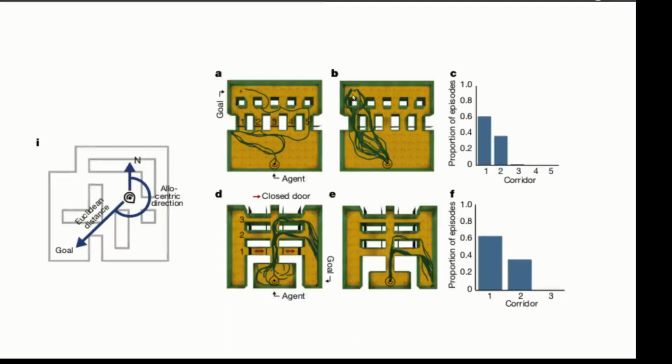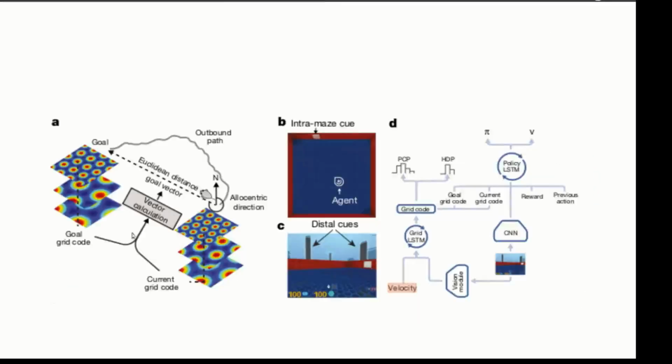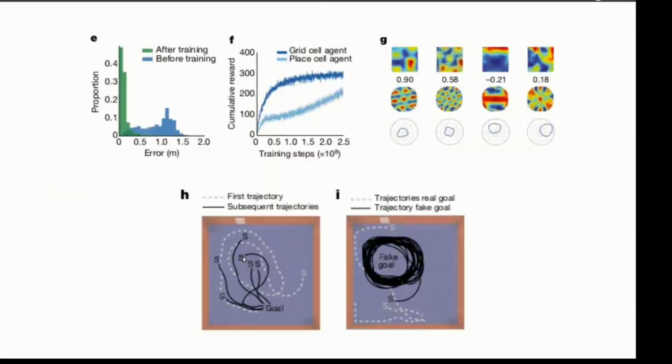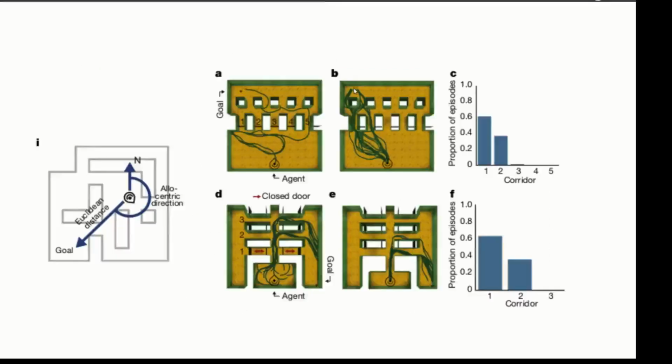This is only possible because it has this grid cell-like vector on which it can perform calculations, and it knows that going in this direction is going to get closer and closer to the goal, because it has the grid code of the goal. It knows that going in this direction is going in the direction of the goal. It's getting closer.